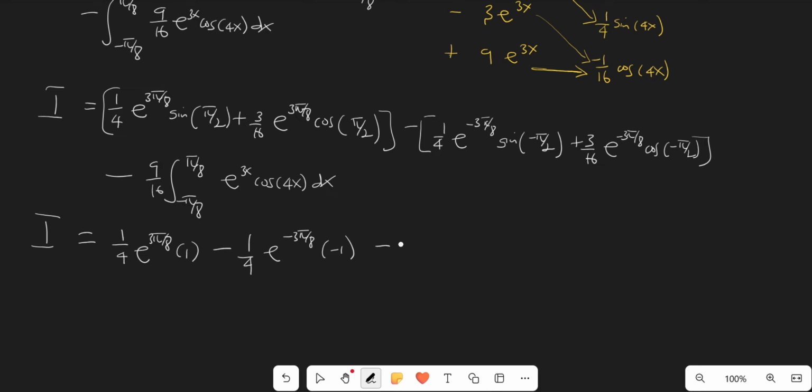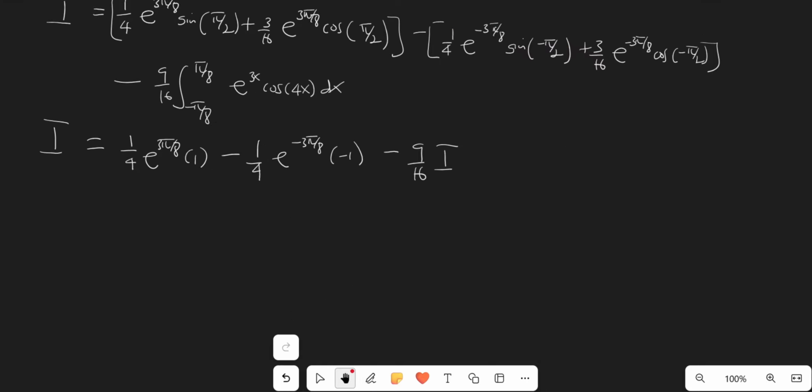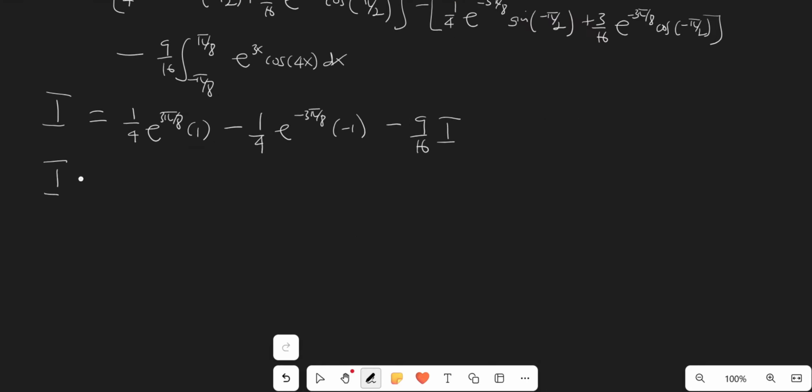Okay, now minus 9 over 16. This integral is the same as I. So this is I. Correct. So I is going to be equal to 1 over 4 e to the 3 pi over 8 plus 1 over 4 e to the negative 3 pi over 8 minus 9 over 16 I.